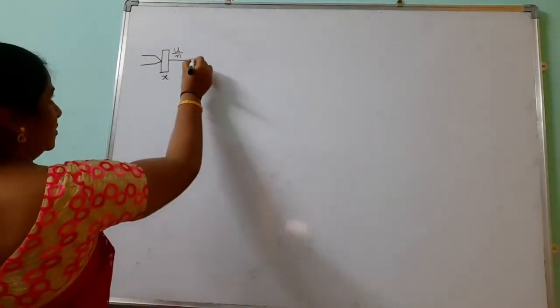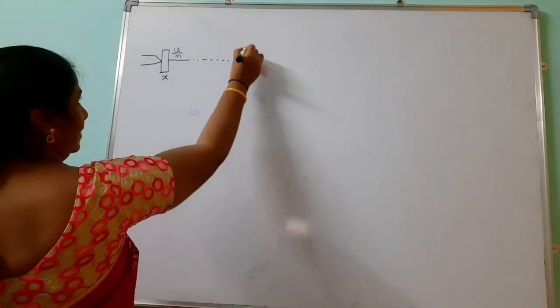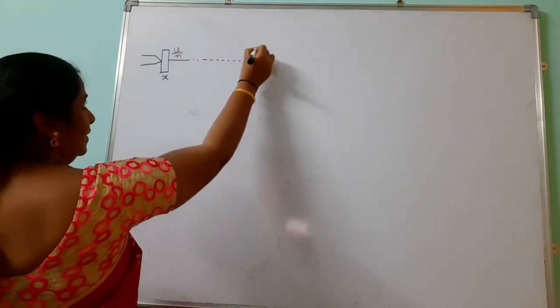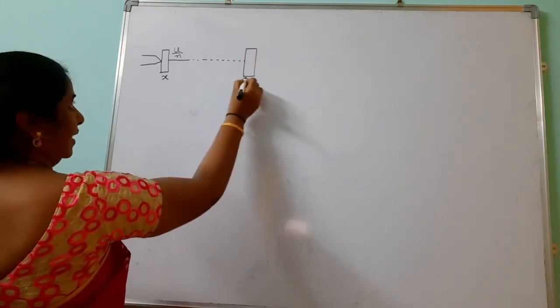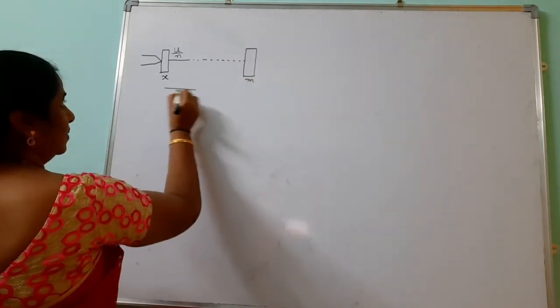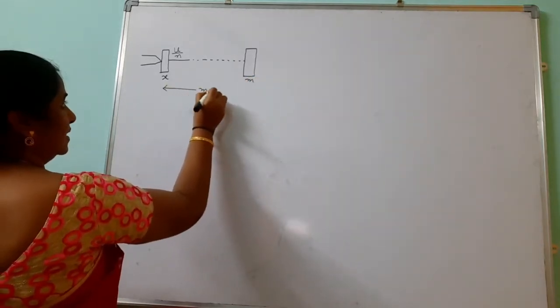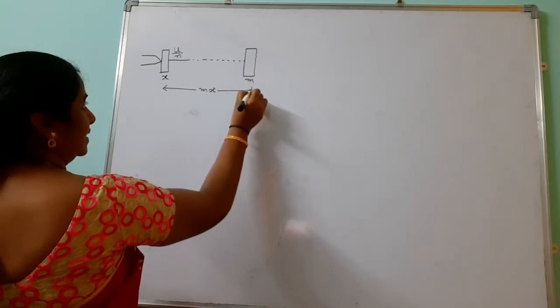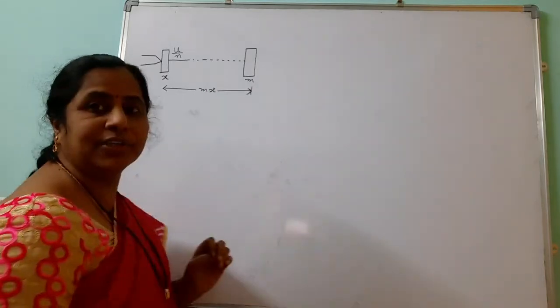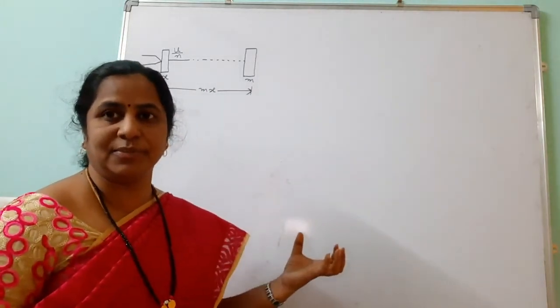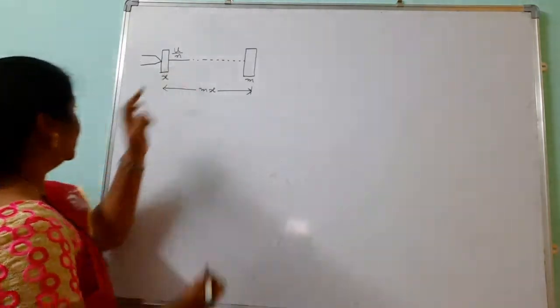Suppose this is the plank M. M number of planks means the total distance from beginning to here is mx. Same, we are going to take the third equation of motion. First we apply from here to here.